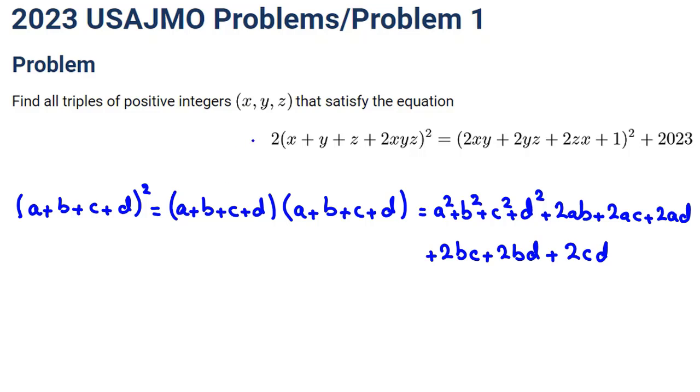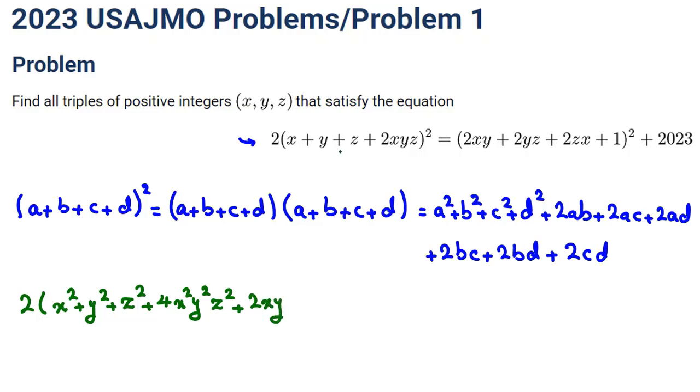Okay, now let's focus on our main equation. I write it as 2 times the left hand side. If you use this, it will be first one squared x squared, next one squared y squared, next one squared z squared, plus this one squared, 4x squared y squared z squared, plus 2 times xy, let's focus on this part first: 2xy plus 2xz plus 2yz.